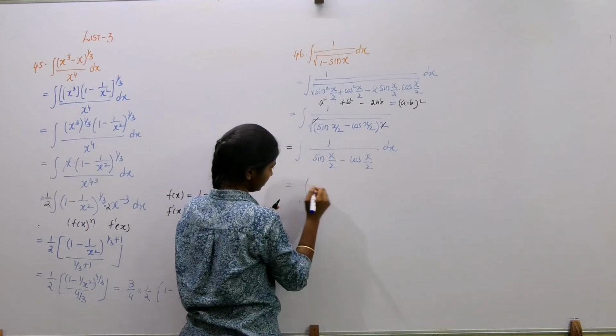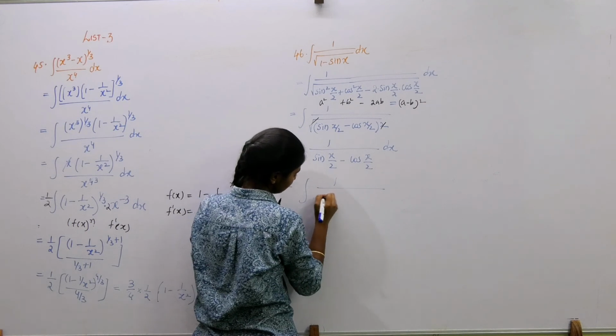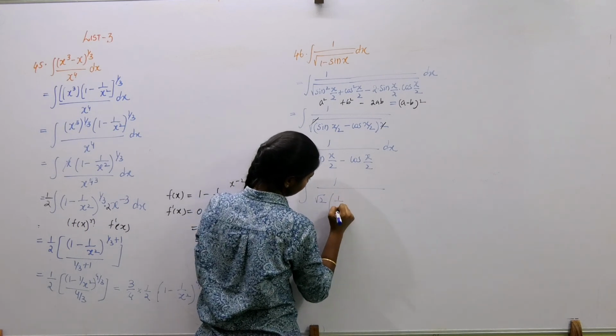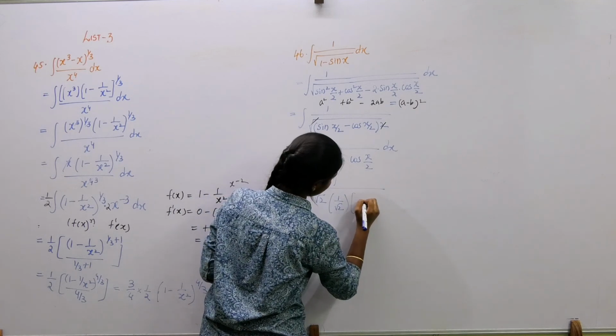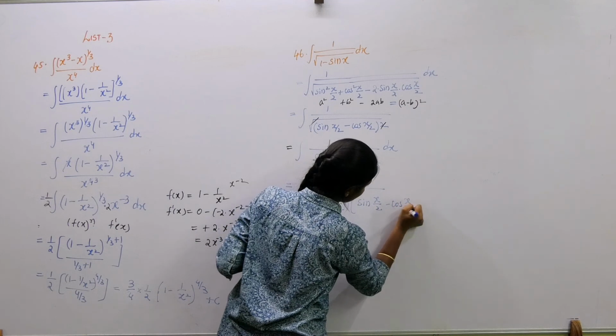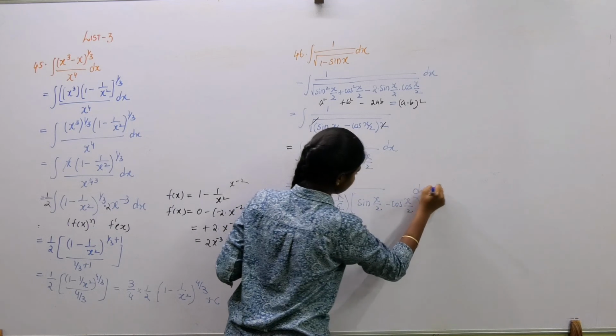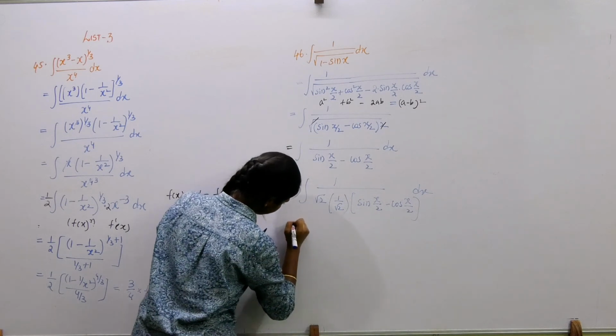It is equal to integral 1 by, here now I am writing root 2 and adjusting 1 by root 2 into sin x by 2 minus cos x by 2 dx. Now I am multiplying 1 by root 2 for each term.